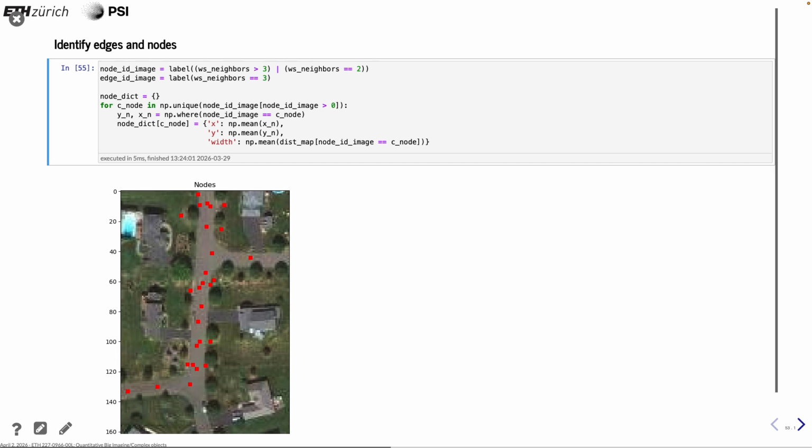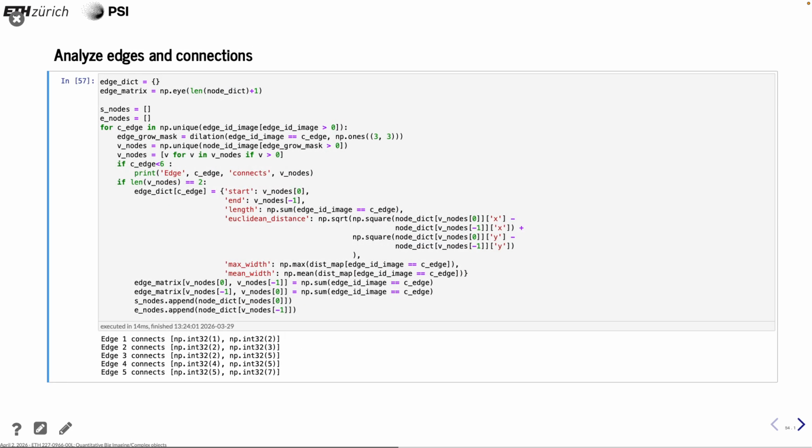And with that, we can do some coding. We have first all our edges and nodes, which are put into a dictionary where I have the positions and the width of each element, each node. And then there is a lot more code that in the end produces a dictionary with start and end points.